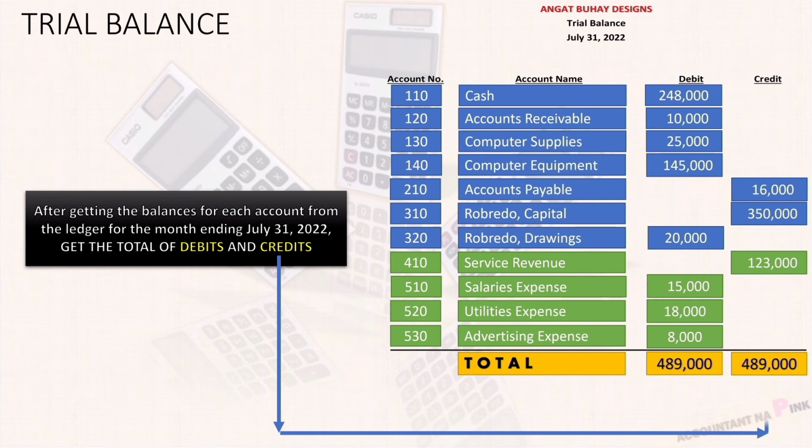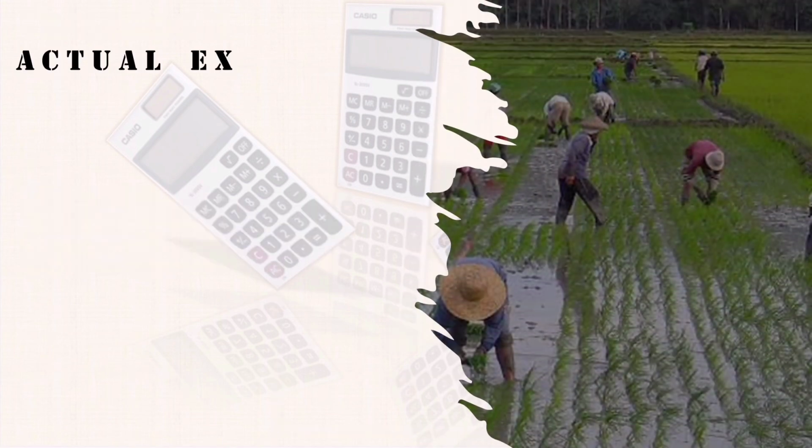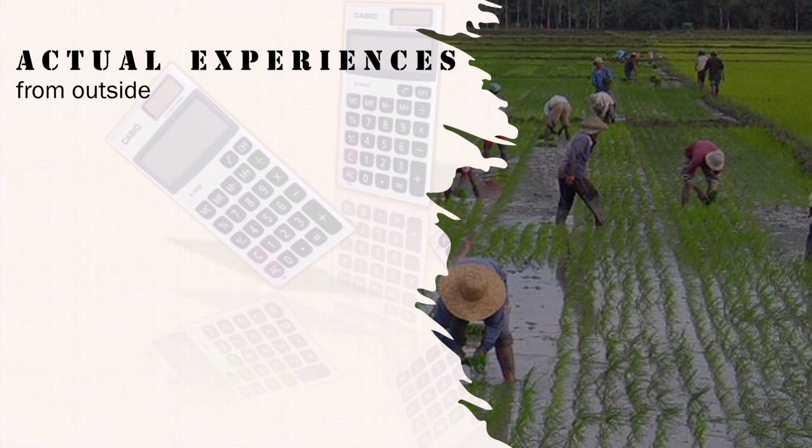The total of the debit column, the total of the assets, drawings, and expense accounts is 489,000 pesos. Same goes with the credit side, accounts payable, capital, and revenue. Accounts payable 16,000, Robredo capital 350,000 pesos, service revenue 123,000 pesos. So 489,000 pesos, the same, equal.